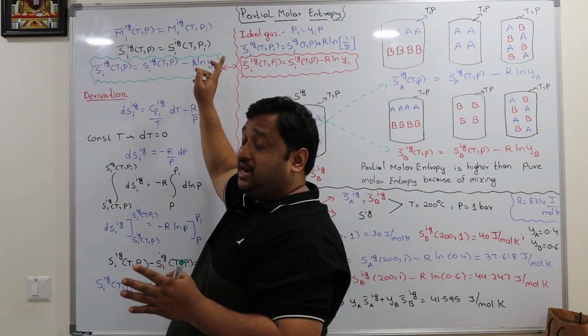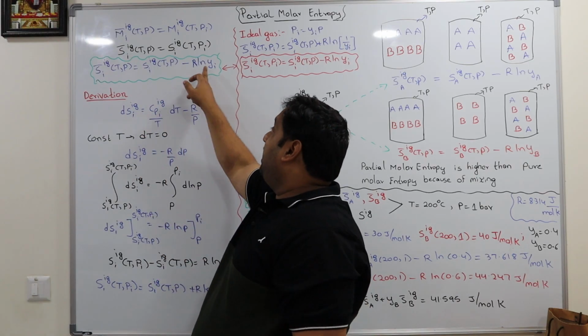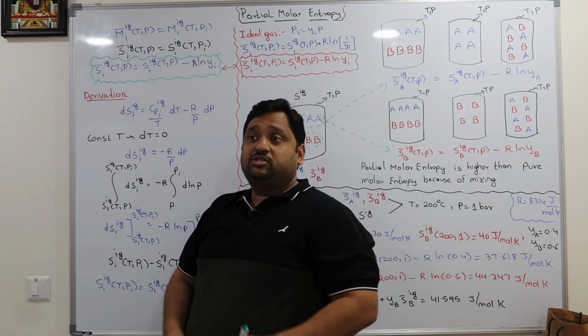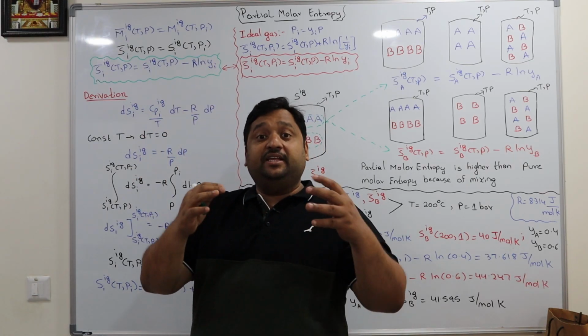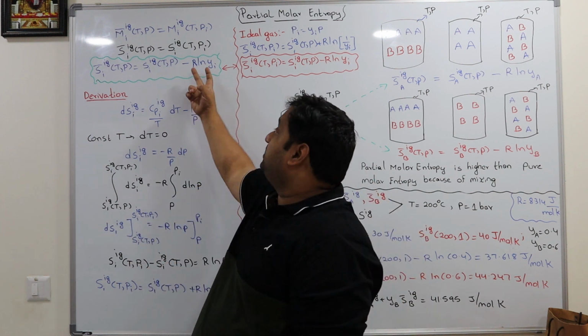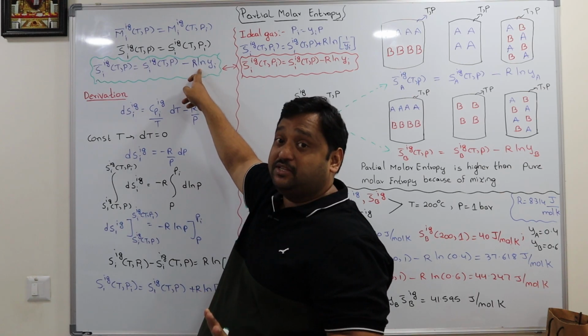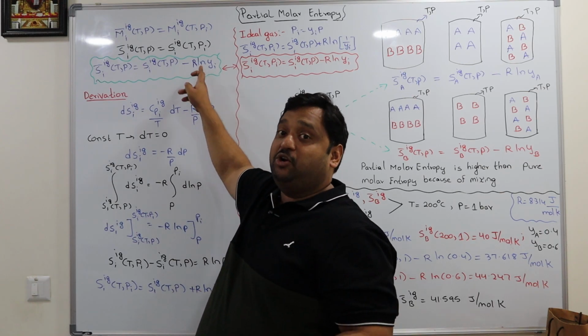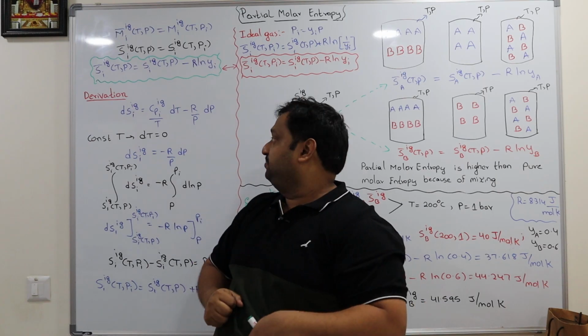With this minus R ln Yi, you have to add something here, because entropy always increases in a mixed state. This parameter helps us find the increase in entropy in a mixed condition.